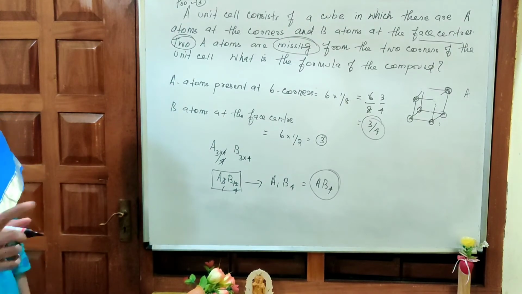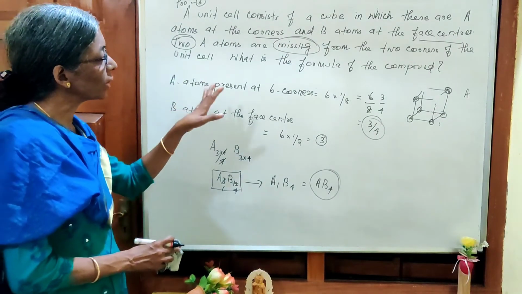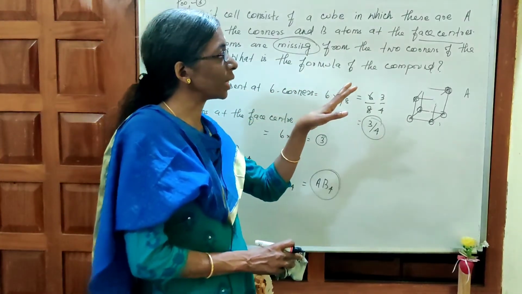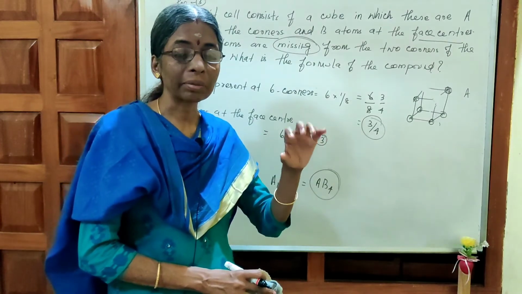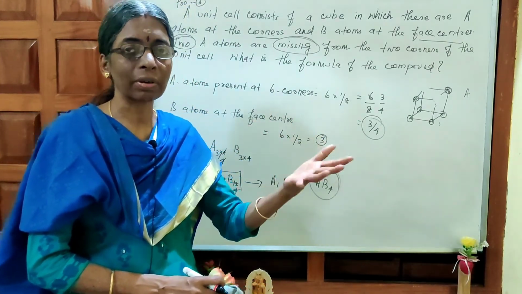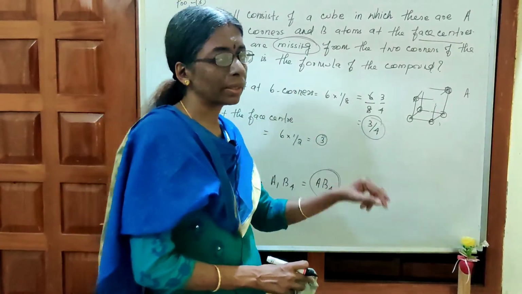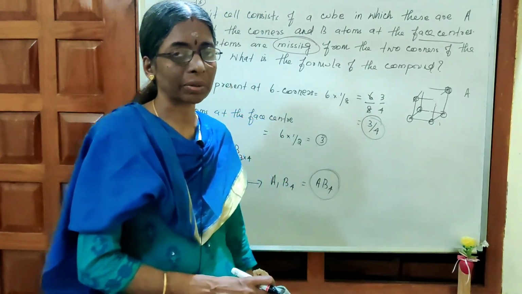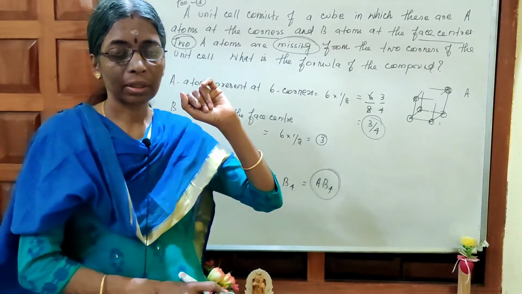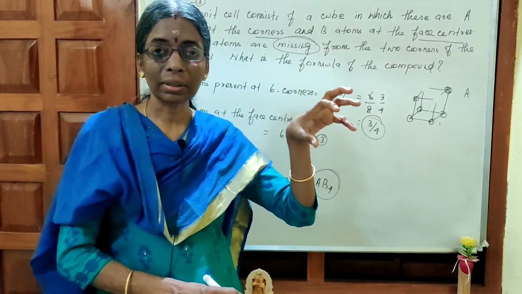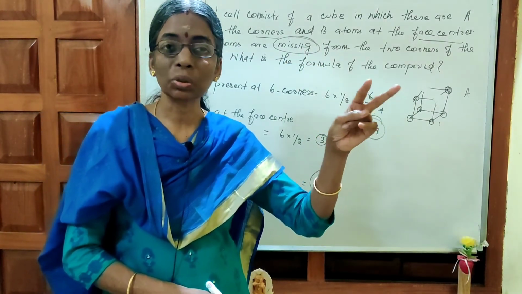Do you understand? Once again, repeat. A unit cell consists of a cube in which there are A atoms at the corners. First they are telling A atoms are at the corners. So we think 8 corners, so 8 atoms. But what is written next? 2 A atoms are missing. So from 8 corners, 2 atoms are missing.